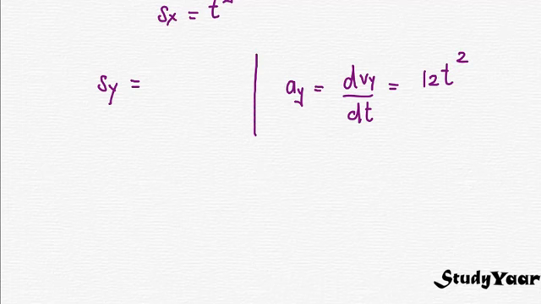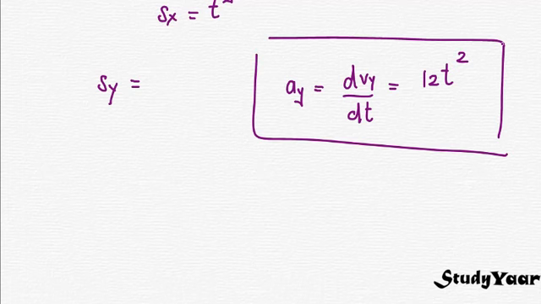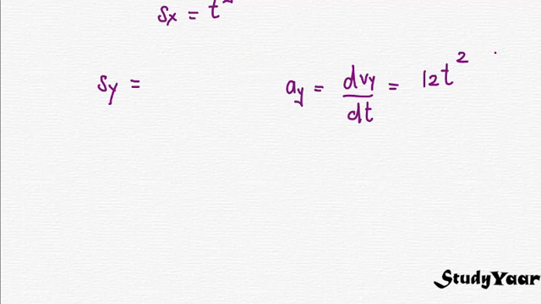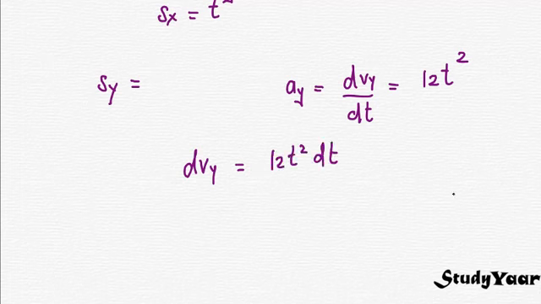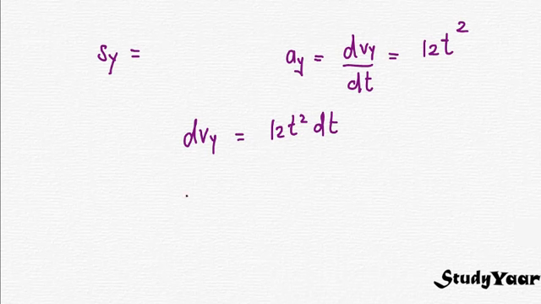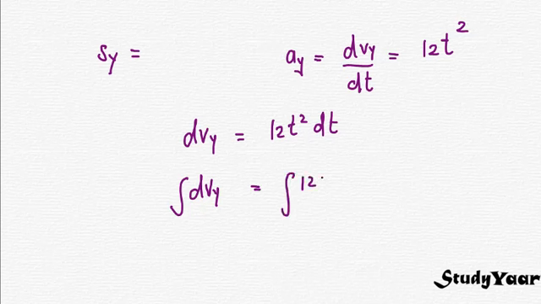We are doing the acceleration part in y direction. I can write this as dvy is equal to 12t square dt. Let's now integrate it on both the sides.